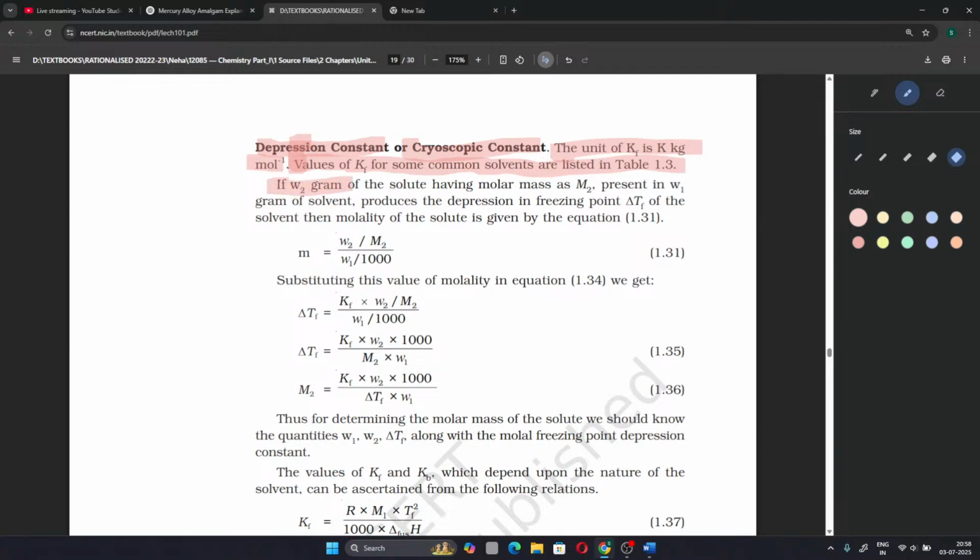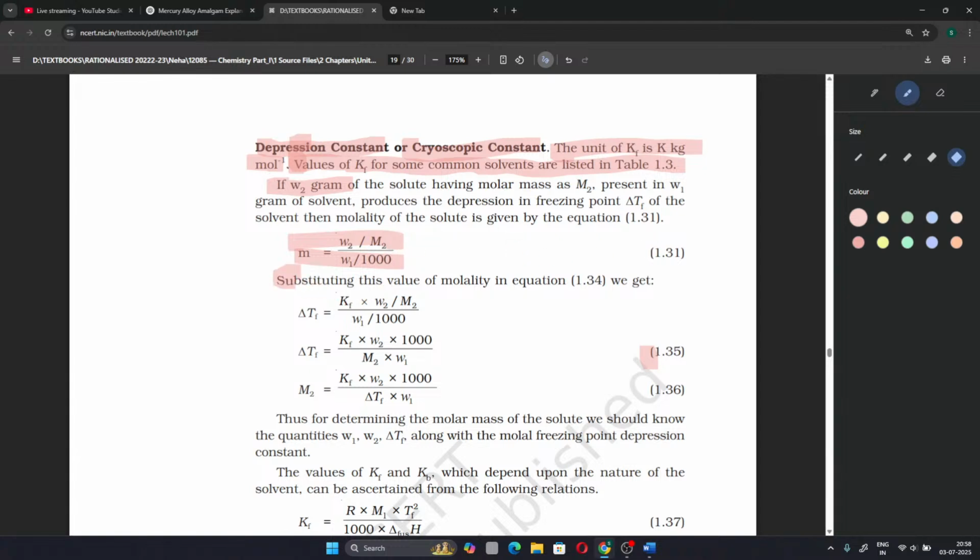If W2 grams of solute having molar mass M2 present in W1 grams of solvent produces a depression in freezing point delta Tf of the solvent, then the molality of the solute is given by equation 1.31.